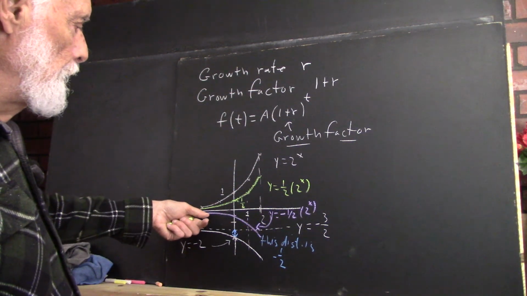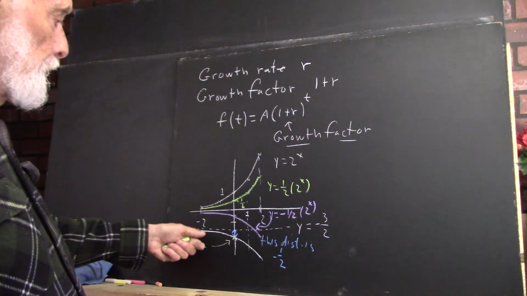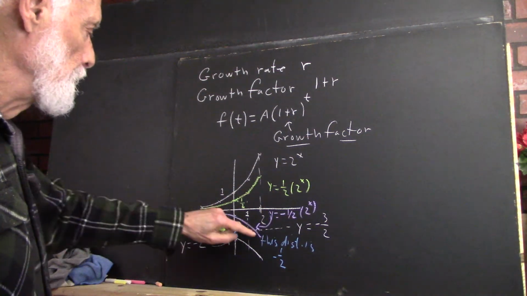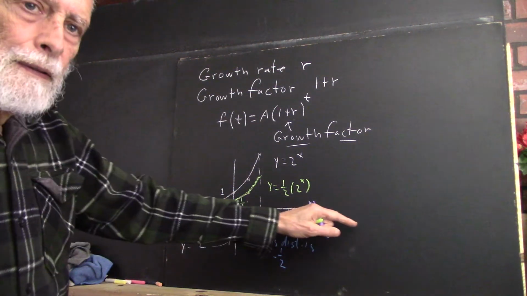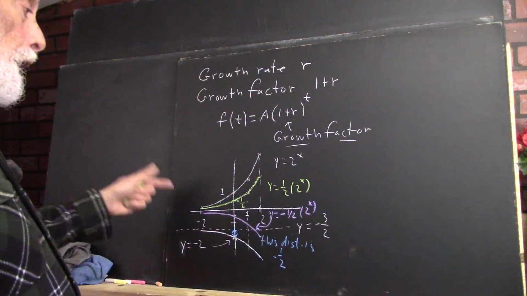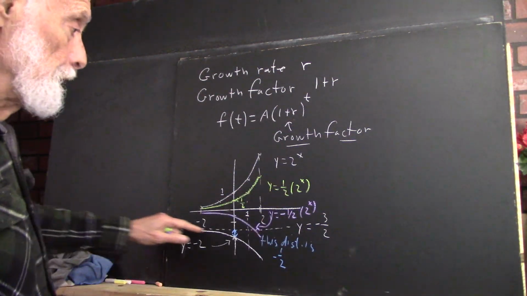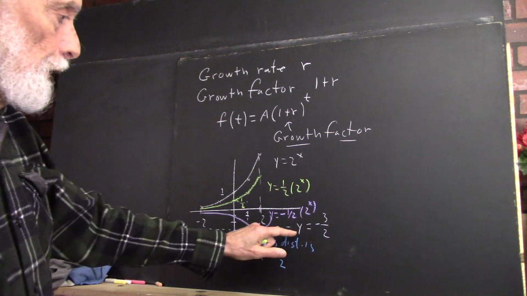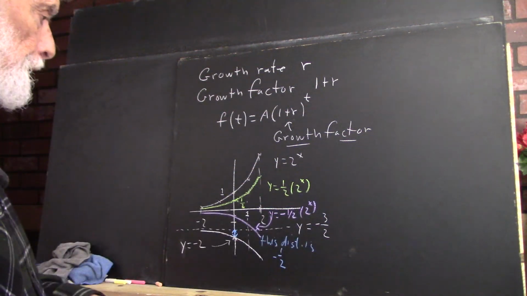And then we shift this graph down 3/2 of a unit because the asymptote of this graph is y equals 0. We want to shift it down to where the asymptote is at y equals negative 3/2.